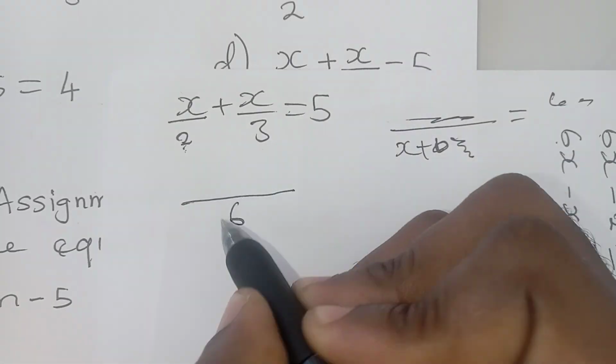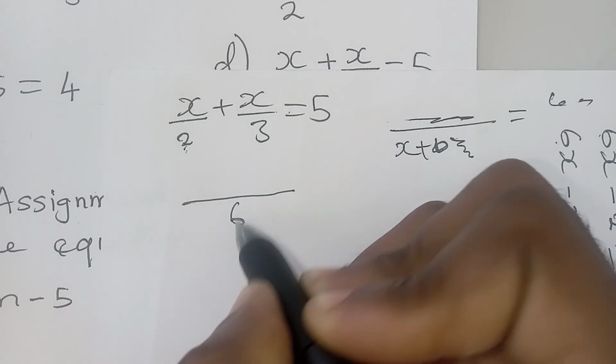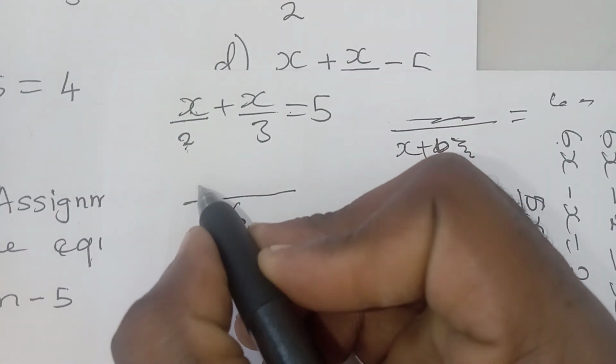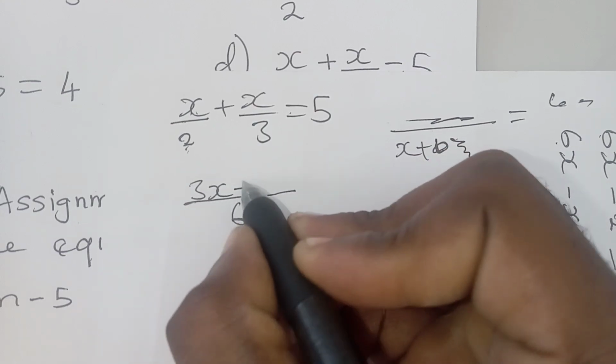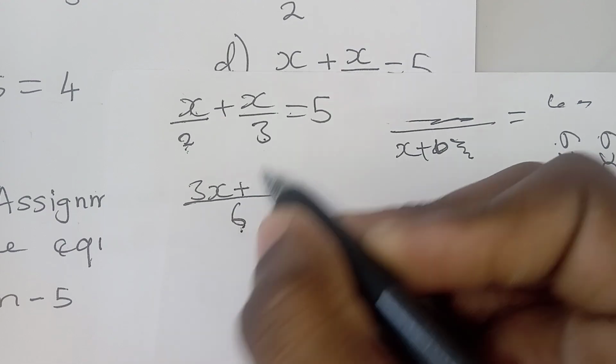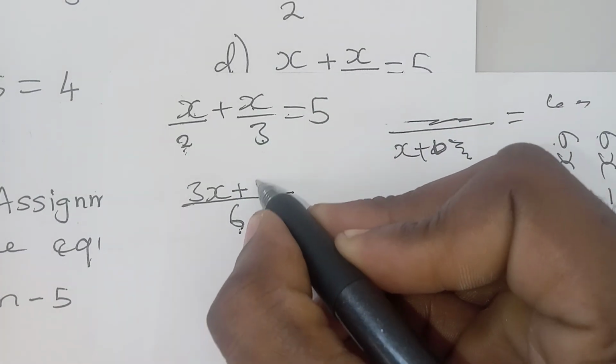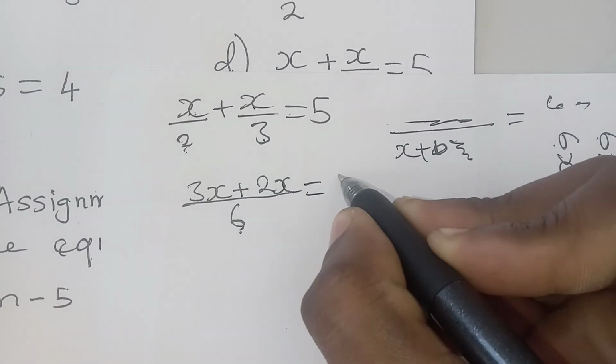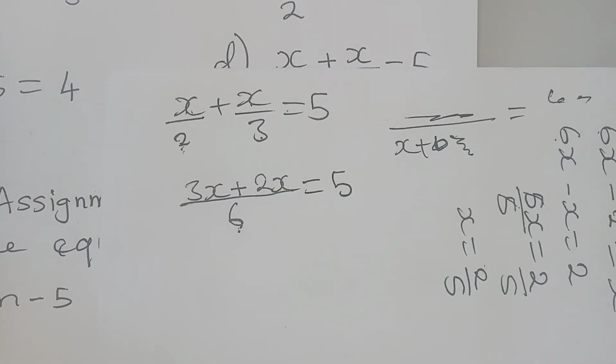So you can say 2 into 6, this is 3, multiplied by x, this is 3x. And then plus 3 into 6, this is 2, multiplied by x, this is 2x, then this is the same as 5.